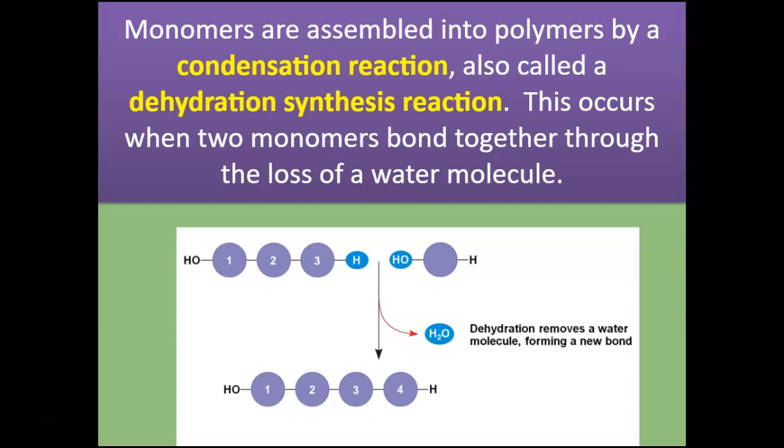Monomers form polymers through a reaction called dehydration synthesis, also called condensation reaction. In order to form a polymer, you need to join bonds leading to the dehydration or condensation of water. So water is a product of monomers forming polymers.